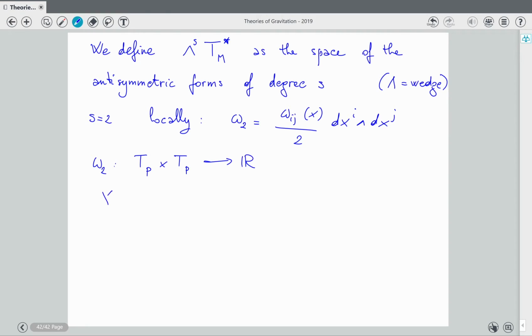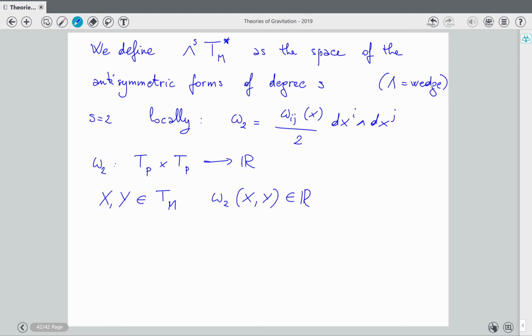So if these are two derivations, and we could also define them as vector fields globally on the entire manifold, then you can have an object which is omega 2 acting on both, and that is a real number.